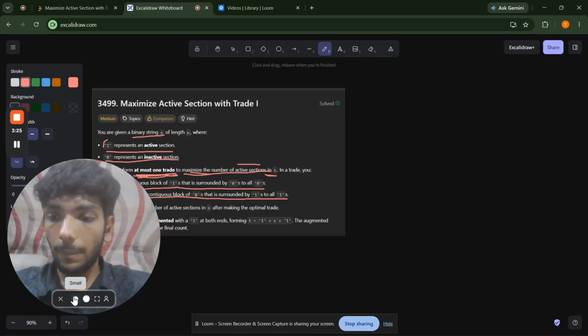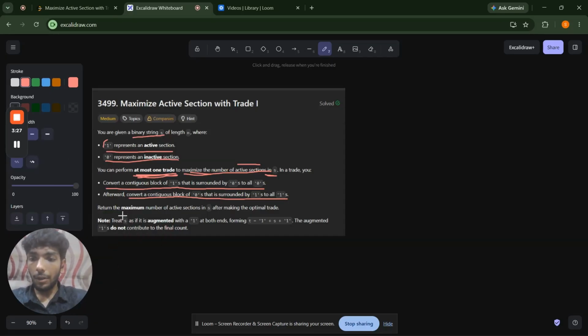Okay, we need to return the maximum number of active sections in s after making the optimal trade. So we need to maximize the number of active sections, which is nothing but the number of ones within s. Okay, this note will be understood later.